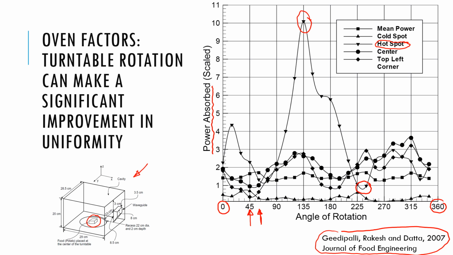Which means if the turntable did not rotate, there would be great non-uniformities of energy deposition between something at this orientation and something at the other orientation. But because the turntable rotates, it averages out this non-uniformity. So the hottest spot seems to vary particularly wildly.